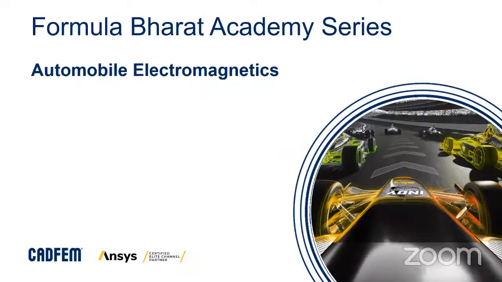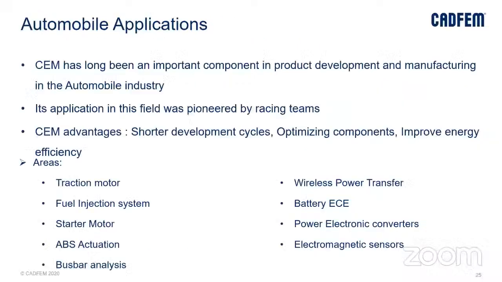On the automobile side, the first thing we need to understand is the huge set of applications that can be covered from computational electromagnetics. But honestly speaking, only computational electromagnetics will not solve the complete problem. It needs a multi-physics environment.